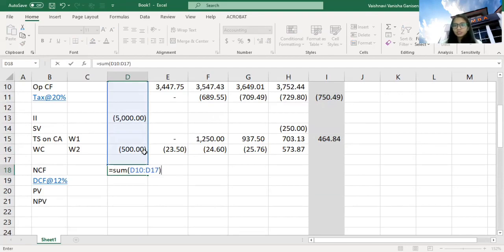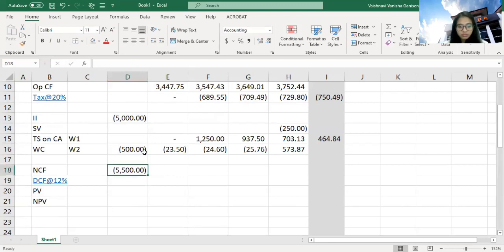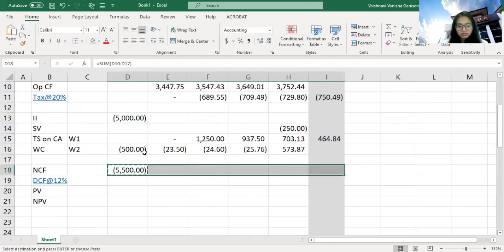So now when we want to do the net cash flow, remember our net cash flow is from operating cash flow all the way up to working capital. Okay, copy, paste.